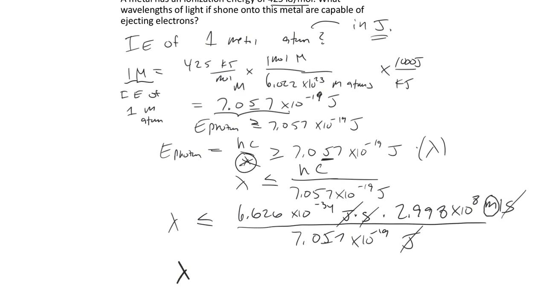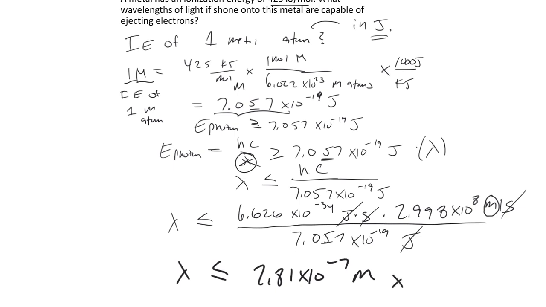Now I get my wavelength has to be less than or equal to 2.81 times 10 to the minus 7 meters. Just to make sure, I'm going to switch my calculator to scientific mode. Yeah, 2.81 times 10 to the minus 7 meters.